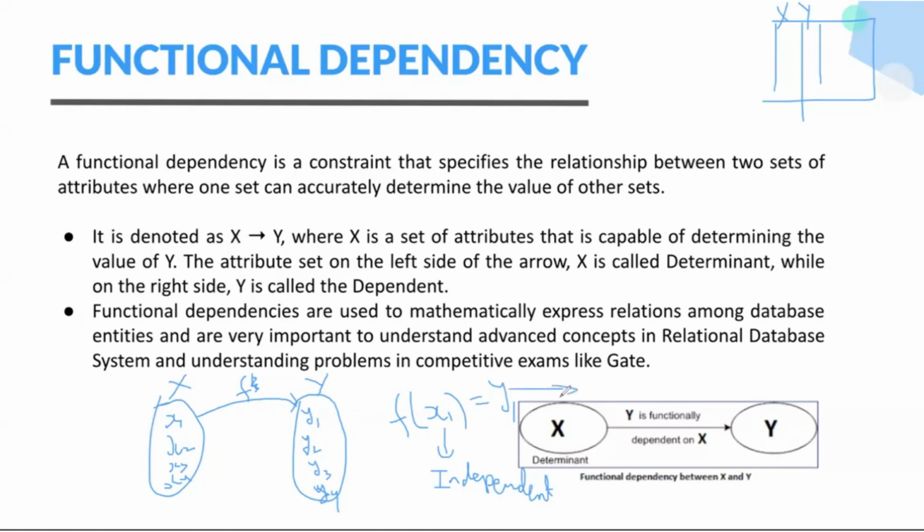And this set is the dependent feature, dependent attribute. That's what functional dependency means. We can create a function which can help us in deriving the Y attribute from the X attribute values.